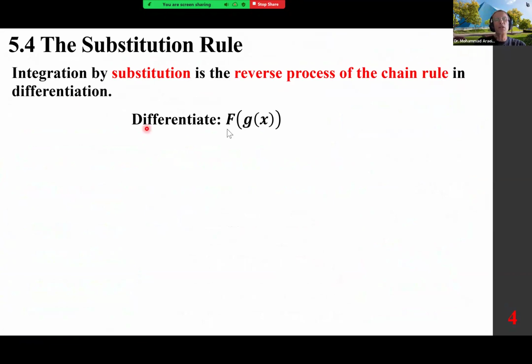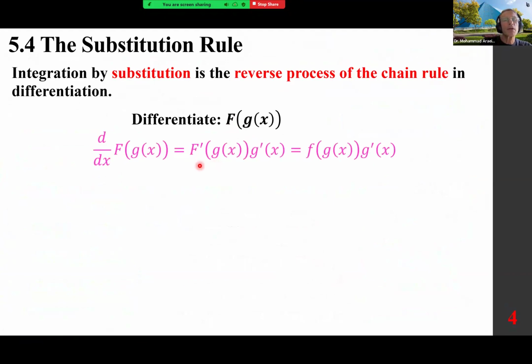So for example, if I want to differentiate capital F of g of x, I get capital F prime of g of x times g prime of x. So d dx of capital F of g of x is capital F prime of g of x times g prime of x. Capital F prime, we represent it with lowercase f, so f of g of x times g prime of x.